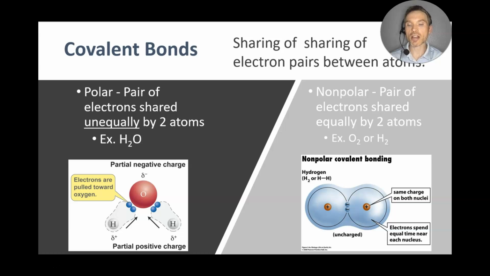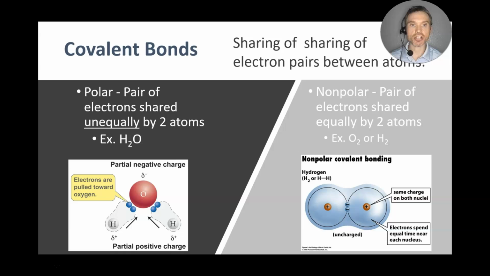Therefore, water has a partial negative charge, or what we call a negative dipole, around the oxygen end of the water molecule, and around the hydrogen end of the water molecule, it has a partial positive charge, or a positive dipole. Therefore, we describe water as a polar molecule, and the properties that make water unique to biology are the result of this polar property.